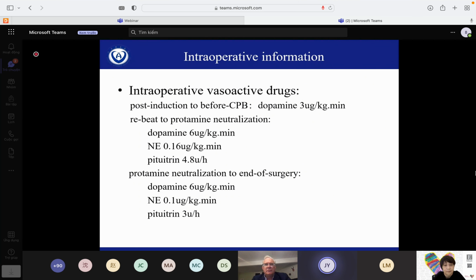After the first repeat to protamine neutralization, the patient received dopamine, norepinephrine, and vasopressin. From protamine neutralization to the end of the surgery, the patient received dopamine of 6 micrograms per kilo per minute, norepinephrine of 0.1 micrograms per kilo per minute, and vasopressin of 3 units per hour.